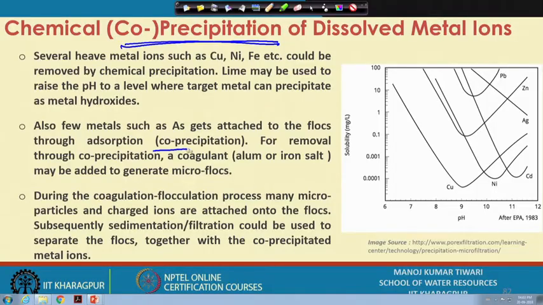Okay. So, many methods suggest that we add iron coagulants and form the precipitates of iron, and these precipitates will then adsorb the arsenic. So, the removal of such metals, for say arsenic, is actually through co-precipitation.